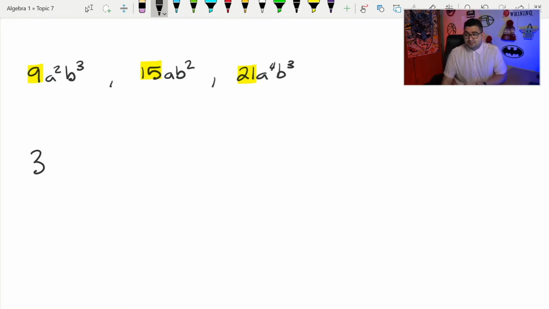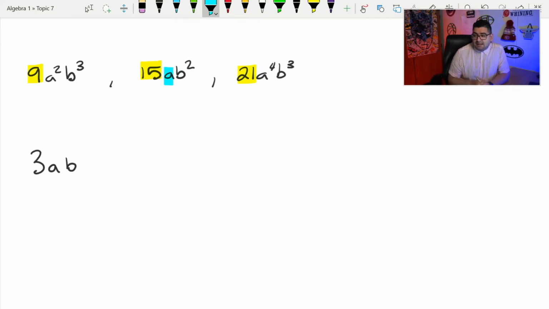Now I look at the letters and I ask myself, do they all have the same letters or variables? They all have an a and they also all have a b. But now we have to ask ourselves, how many of each? So we look at the exponents. What is the smallest a? Well, the smallest a belongs to the second term, which is just 1a.